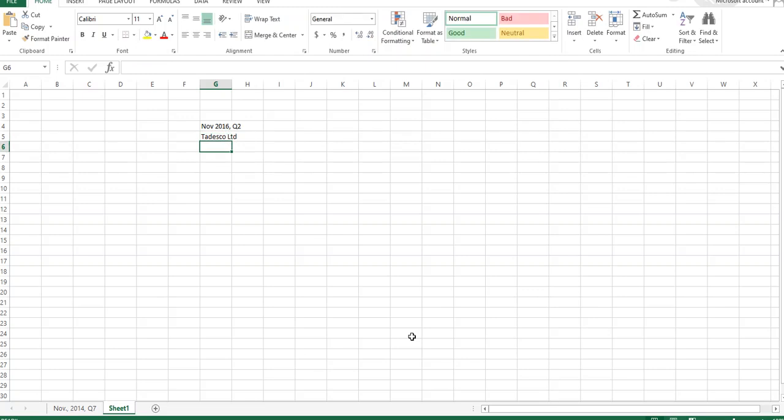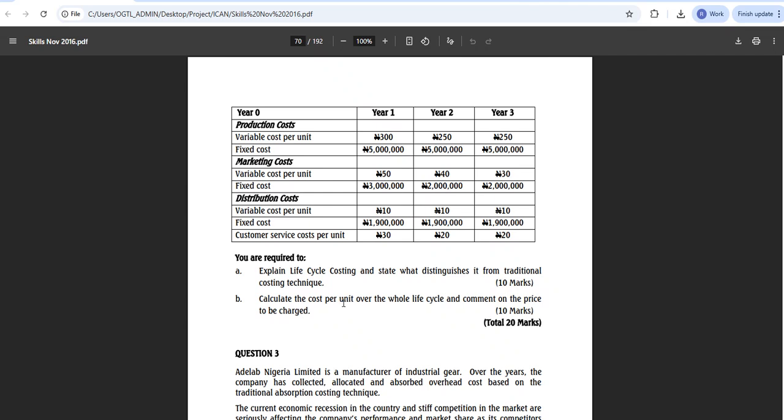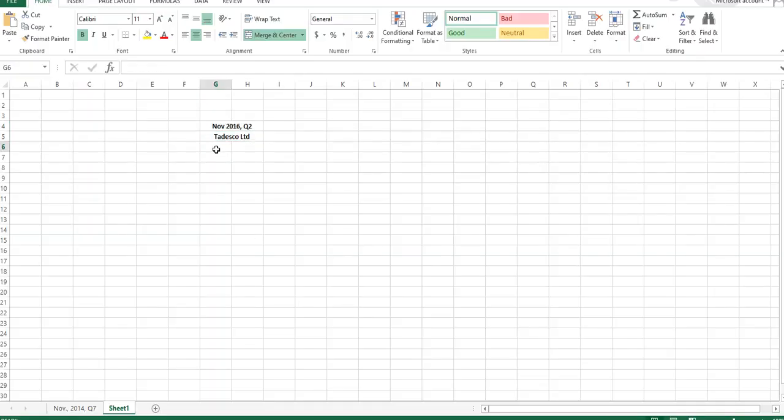Tadesco Limited. Tadesco Limited has different stages, right? So what do we have to compute? Life cycle costing, cost per unit. So what is the life cycle cost? Computation of life cycle cost.